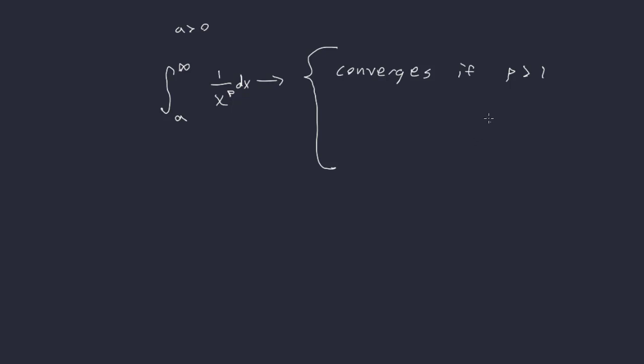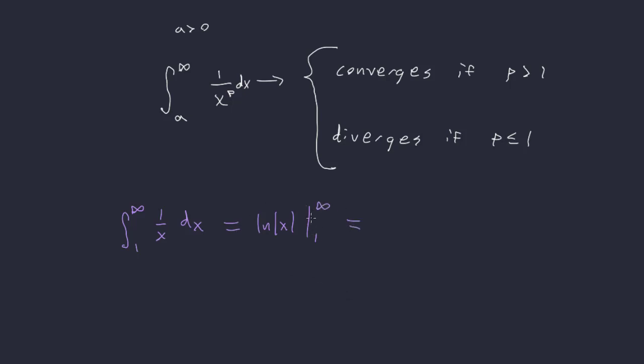So 2, for example, we got convergence. If we put in 3, we'd get convergence. If we put in 1.2, we would get convergence. However, it diverges if p is less than or equal to 1, right? So if we do equal to 1, so if we just look at, say, the integral from 1 to infinity of just 1 over x, we're actually going to get divergence here, because we'll get the natural log of the absolute value of x.